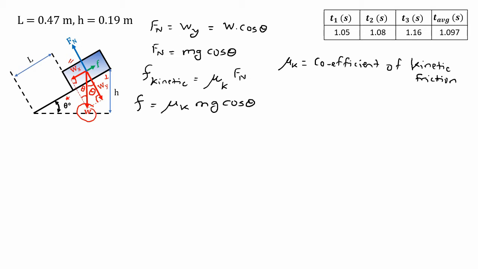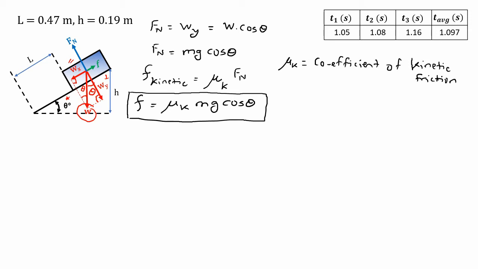Okay. We're going to leave this here for our reference, and we'll come back to it in a minute or two. So this takes care of forces perpendicular to the ramp. Forces parallel to the ramp, there are two, that is Wx and F. Now Wx is pulling down, friction is pointing up.